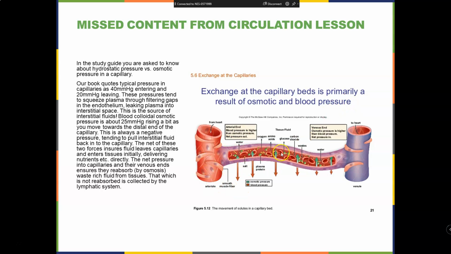We don't lose cells normally. We don't lose the large colloidal molecules like the plasma proteins. But monomers of nutrients and gases and salts certainly leak out with this liquid and perfuse the tissues. So that's how capillaries work in you.